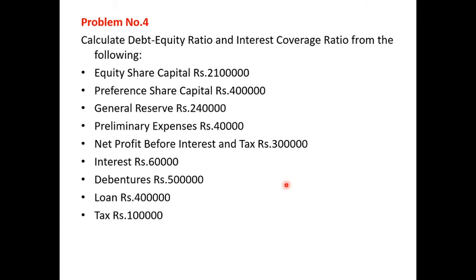Next, problem number 4. Calculate debt equity ratio and interest coverage ratio from the following. Here equity share capital given, preference share capital is given, general reserve, preliminary expenses, net profit before interest and tax, interest, debentures, loan and tax is given in the problem.